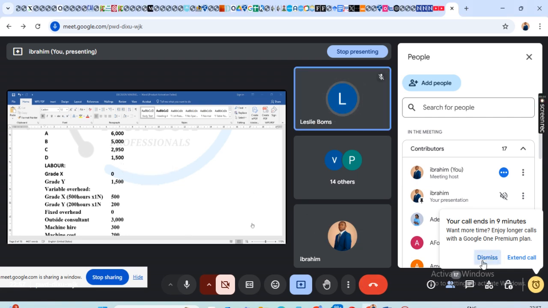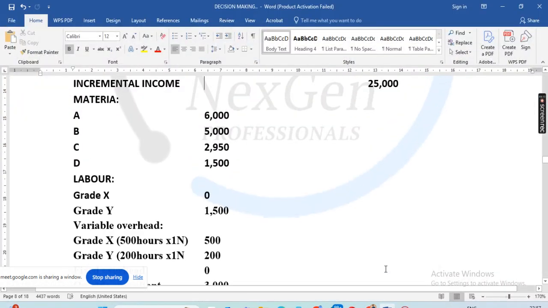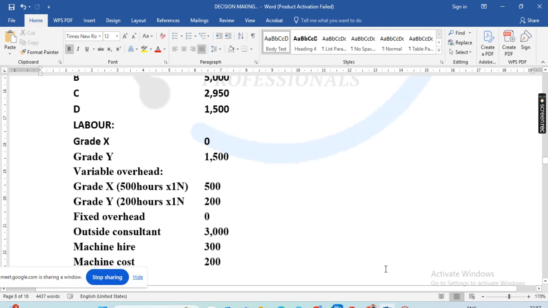The first one is 6,000. Please, quickly, because the call will end in 9 minutes. 21,150. Okay, this is the last one. Can you see it? 21,150. Good. So we'll now subtract it from the incremental income.